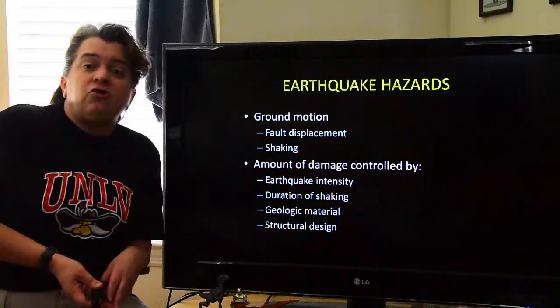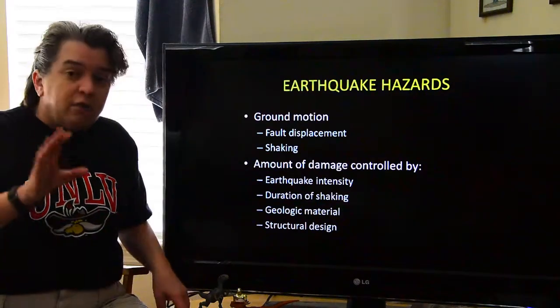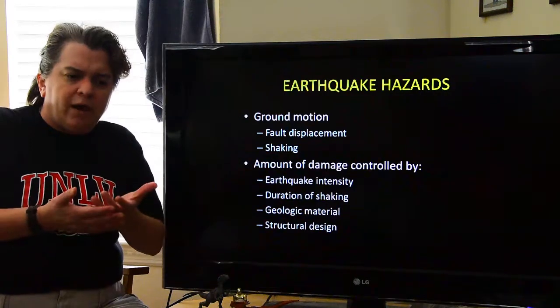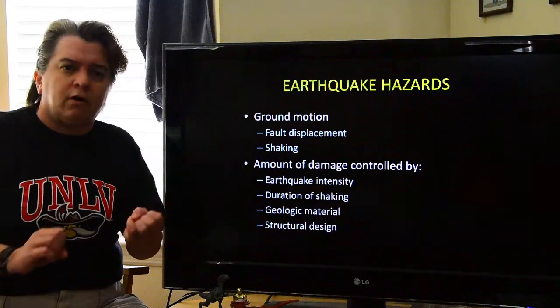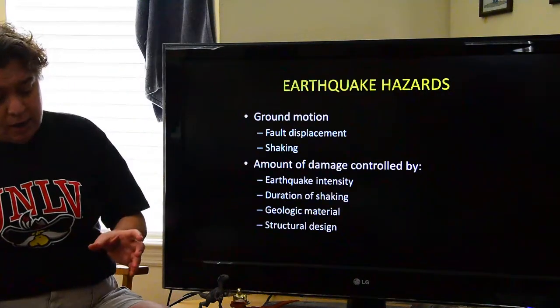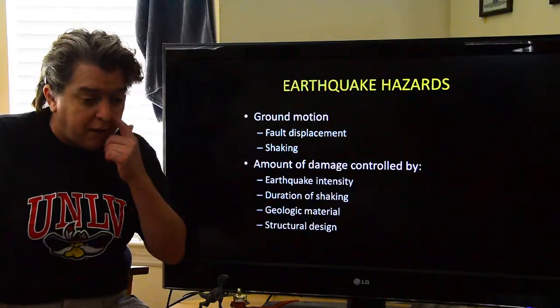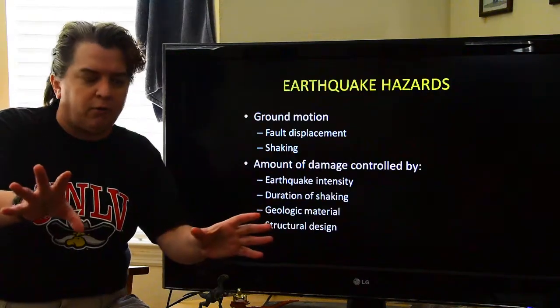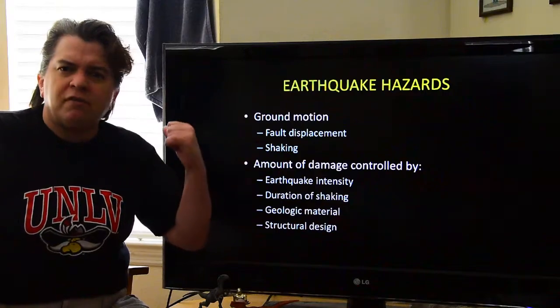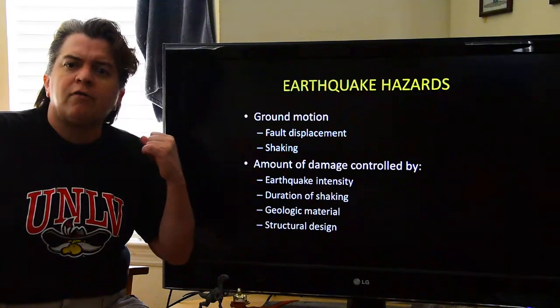There's also the geologic material. Certain materials amplify earthquake waves and make the waves worse. We really saw this in 1985 in Mexico City. Everyone remembers the Mexico City earthquake, at least in geology if you're old enough. But the earthquake actually didn't happen in Mexico City. It happened a few hundred kilometers away.